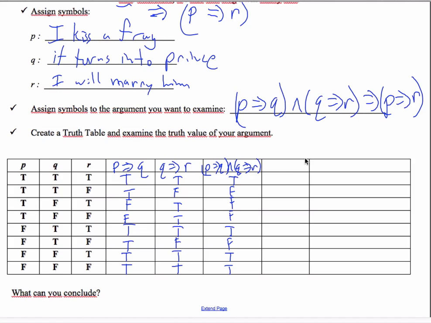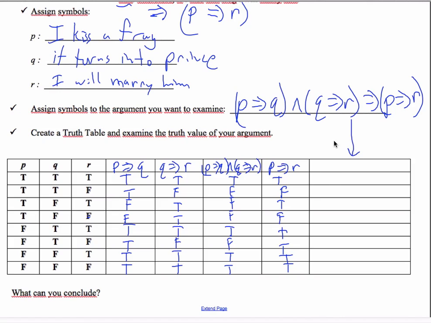And then let's do P implies R. We're looking at P and R, and it's only false when we have true, false. So this one's false, and that's it. The rest of them are true.